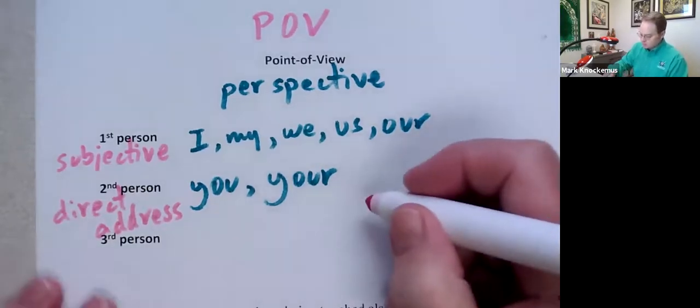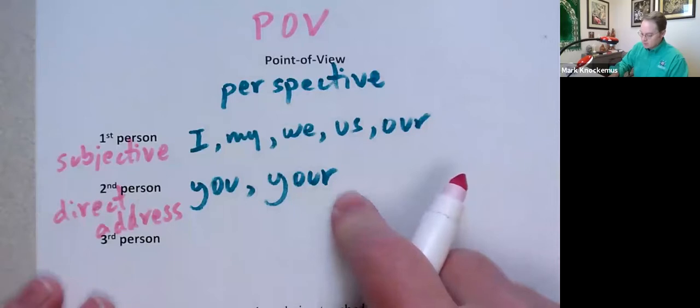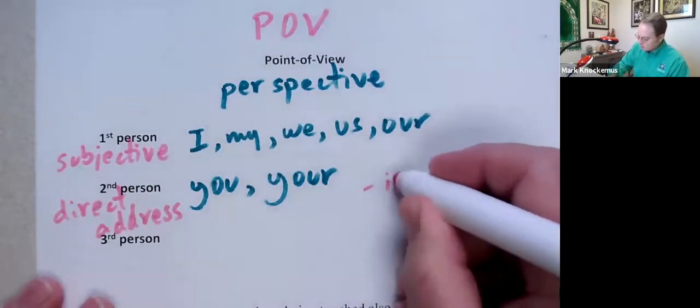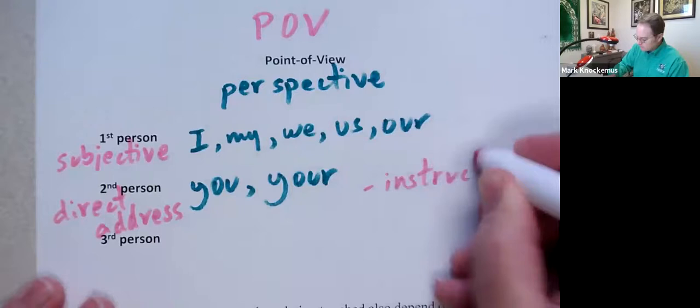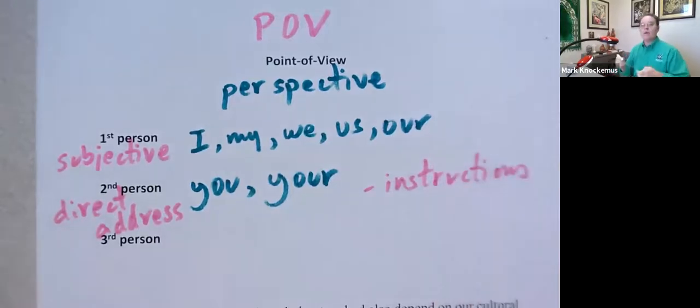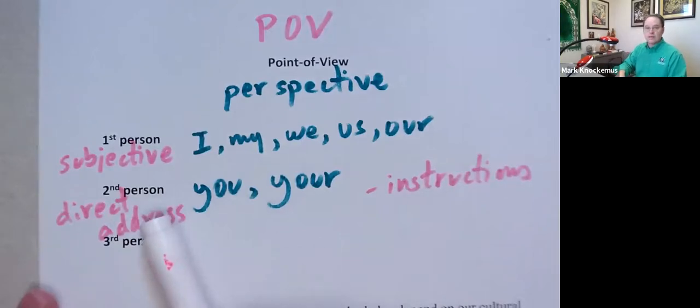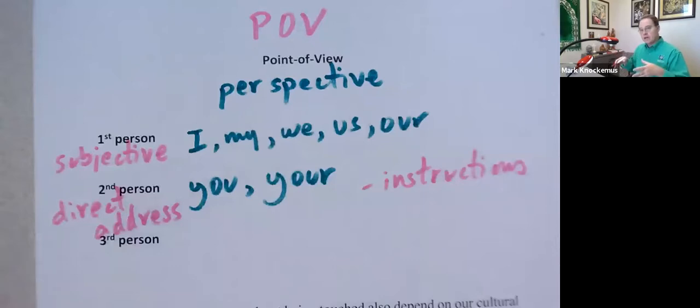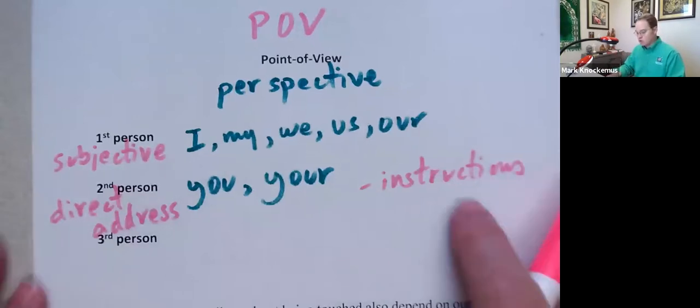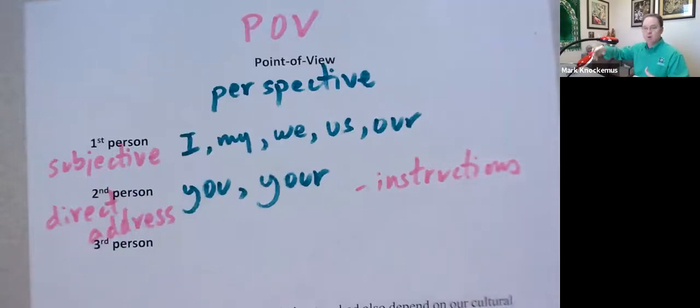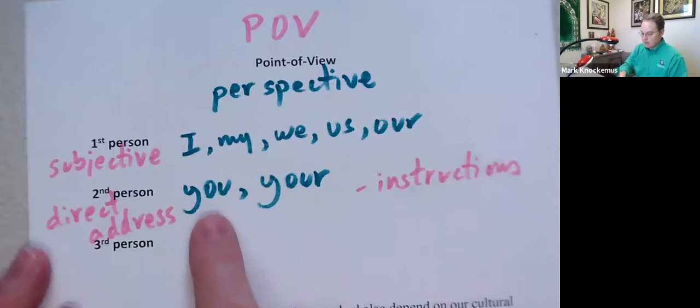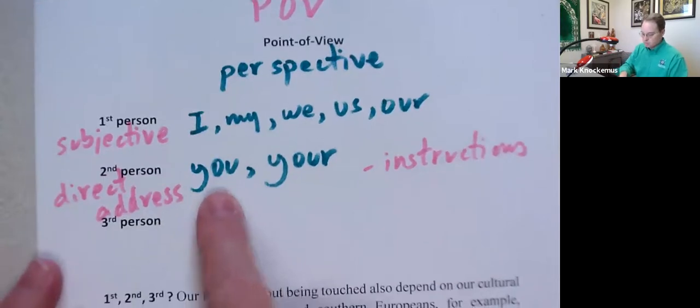An example of second person: if you're ever reading instructions, they'll be written in the second person because when the author sat down to write those instructions, he or she imagined a person being there. So that would be an example of second person.